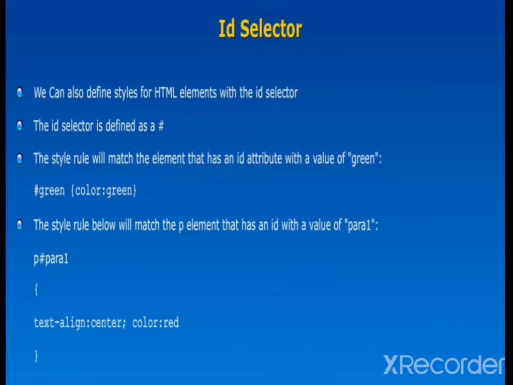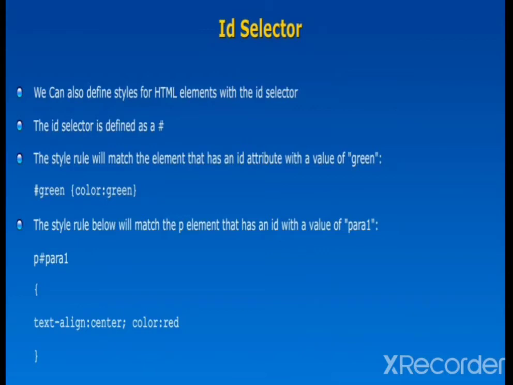Here hash green means green is the name given for the ID, and that property is color and the value is green. Here hash green is the selector. While putting hash, it is called an id selector.